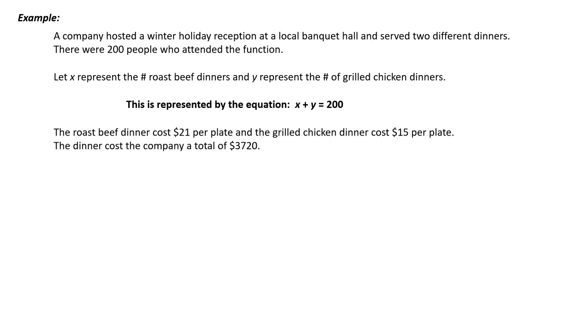Now we're told the roast beef dinners cost $21 per plate, and the grilled chicken dinner costs $15 per plate. The dinners cost the company a total of $3,720. So the roast beef dinners, being represented by x, could be stated as 21x, and the chicken dinners, represented by y, each costing $15, could be represented by 15y.